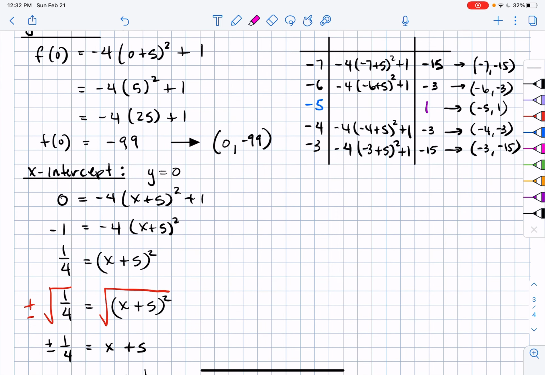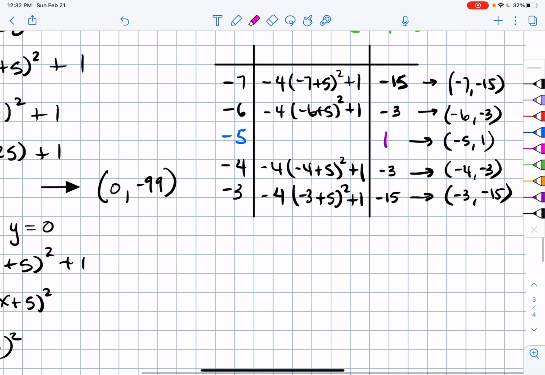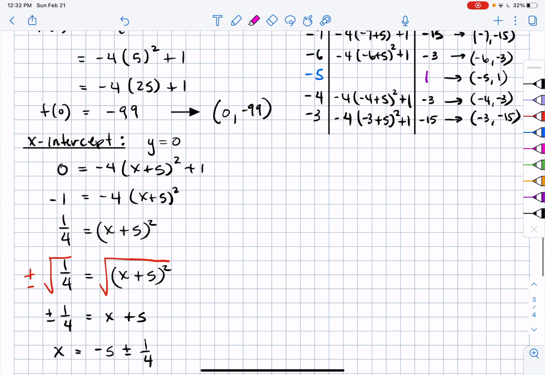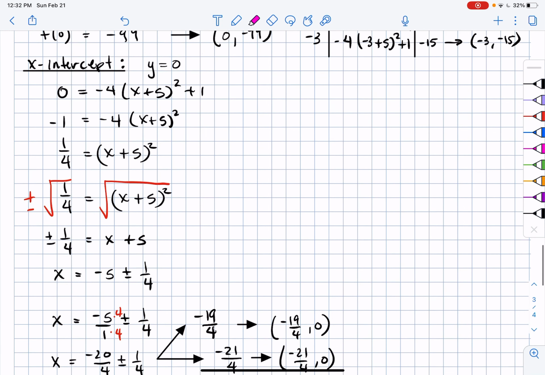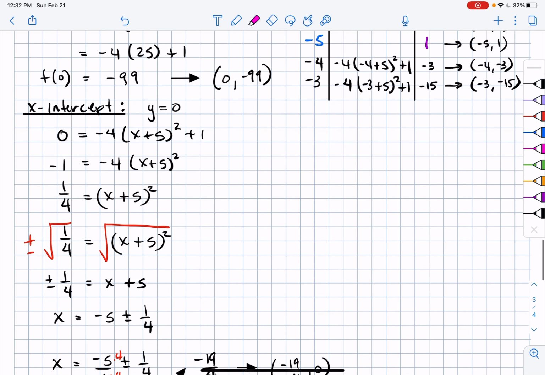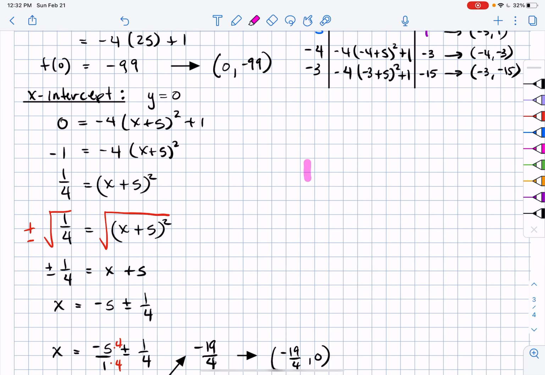That will also get me the same graph. But on the exam, you might want to use a chart rather than trying to find the x-intercept and the y-intercept, especially when it gives you wacky numbers like this. But as you're looking at it and the vertex being -5, 1, then you already know that's going to be choice B.